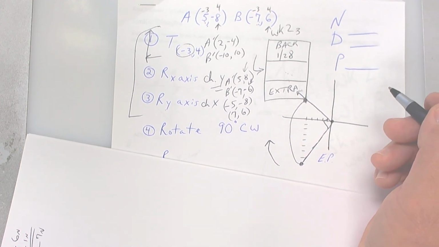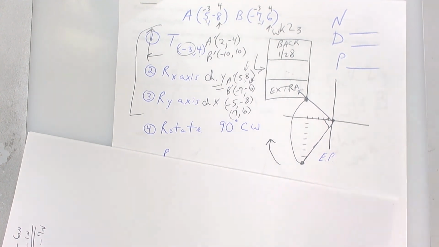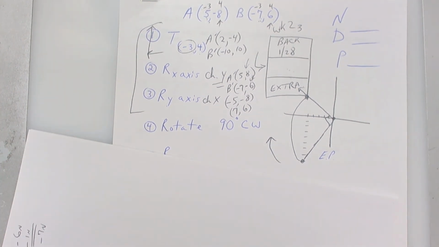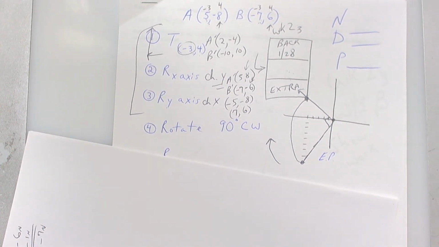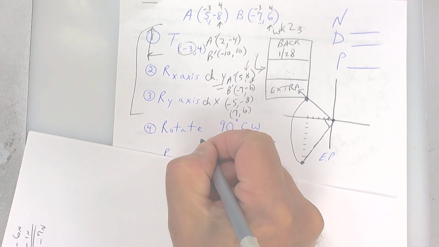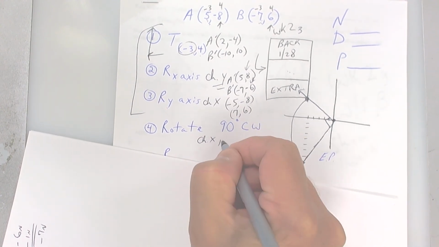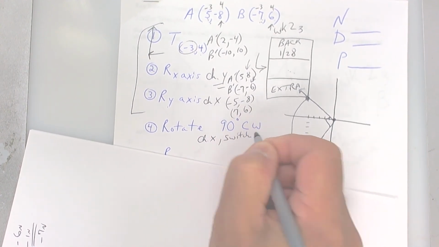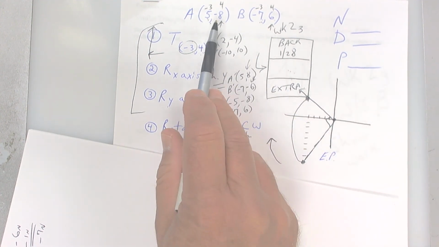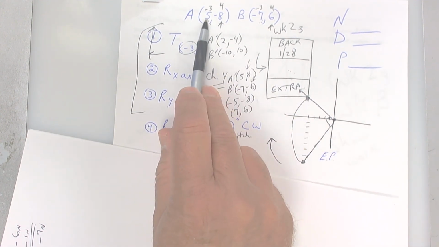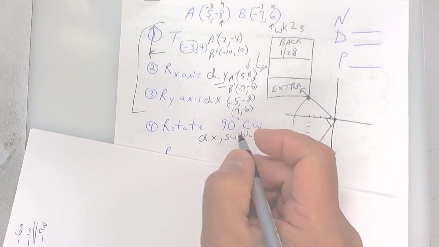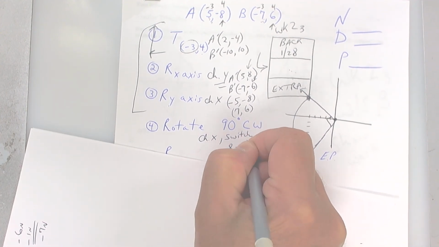All right? Now I'm going to use the rule. So I'm going to look on the board for 90 degrees clockwise, and I think it's change the x and switch. So change the x and switch. Okay? So here, I'm going to change the x to a negative and switch. So it's going to be -8 and -5.